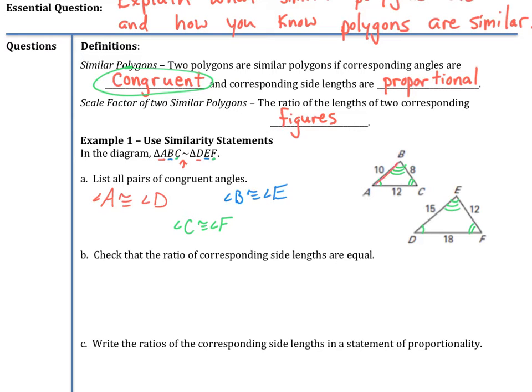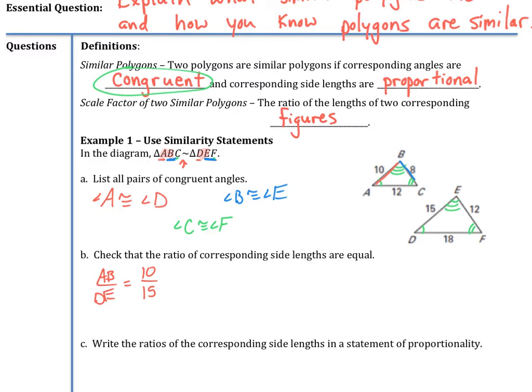We have AB in the small figure. What does AB match up with? Again, if you look up top, AB matches up with DE. They're the first two letters in each triangle. So AB goes over DE. So AB is 10, DE is 15. The next side we have is BC.